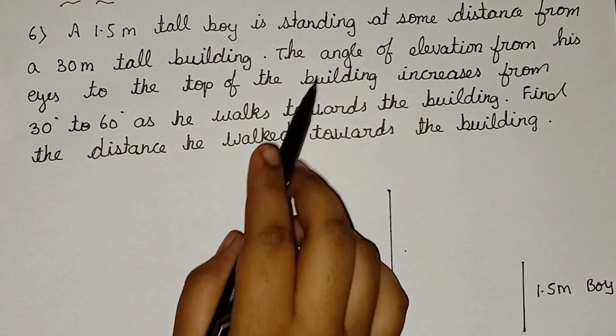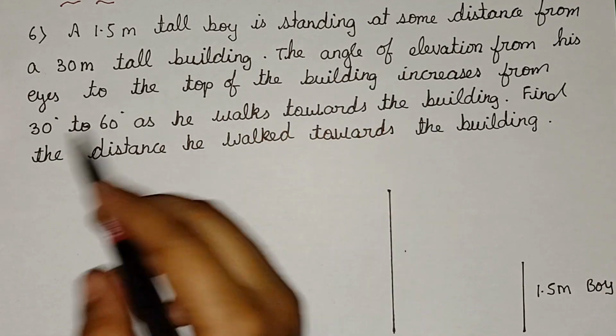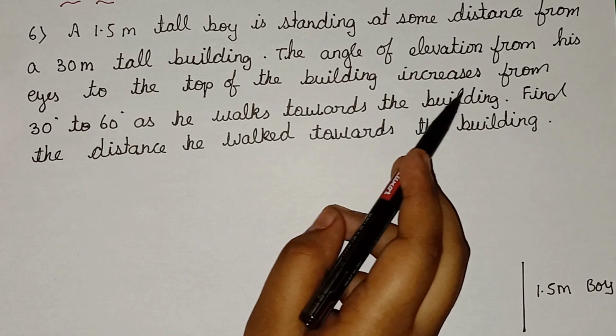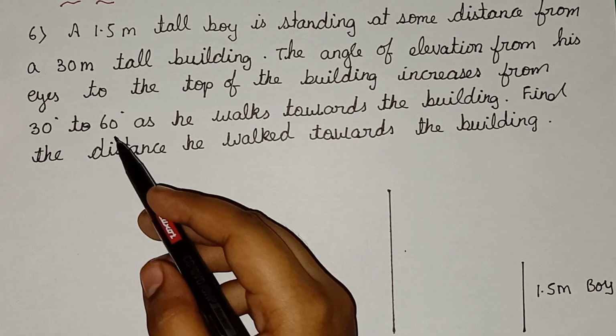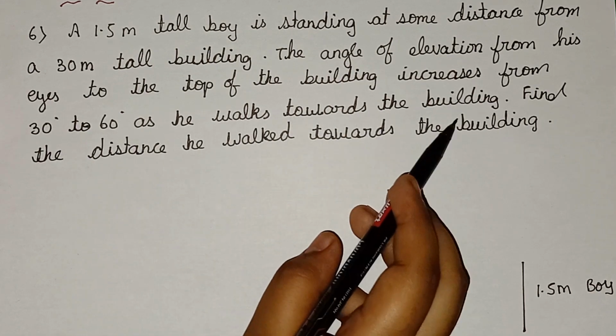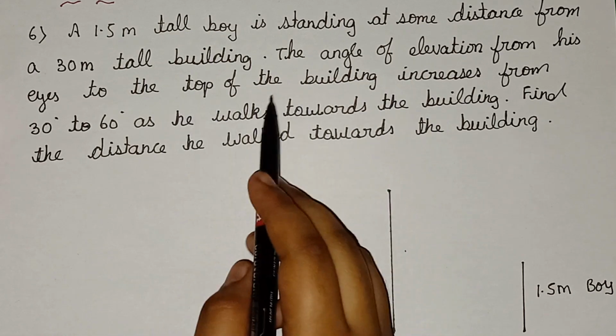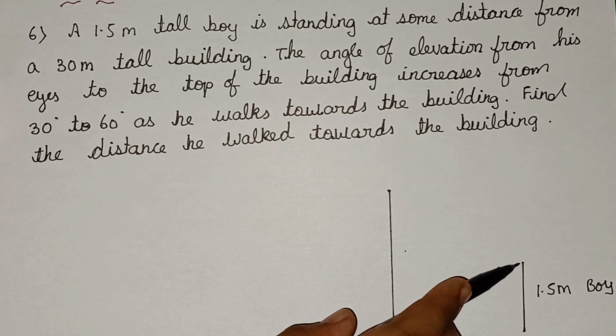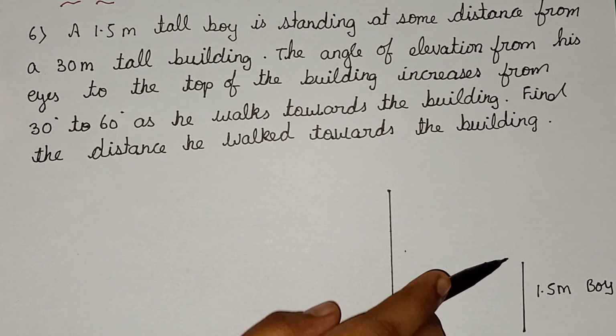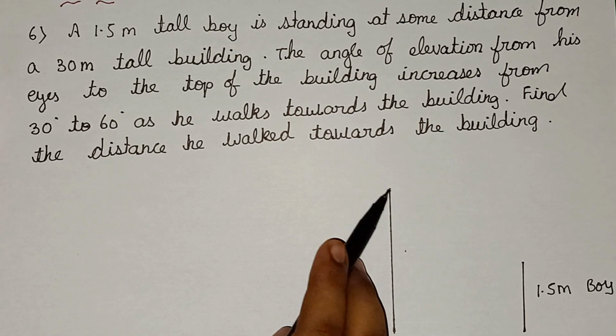Then the angle of elevation from his eyes to the top of the building increases from 30 degree to 60 degree as he walks towards the building. So the angle of elevation from his eyes to the top of the building. This is the eye of the boy, isn't it? When he looks up, there is a building here.